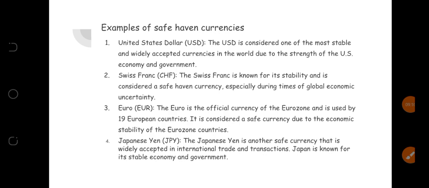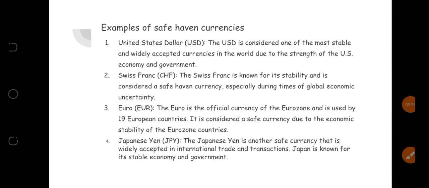With safe haven currencies, number one on the list is the United States dollar. The United States dollar is one of the most traded currencies and has the strongest economy in the world, and the economy is really stable during periods of economic instability at the world level.